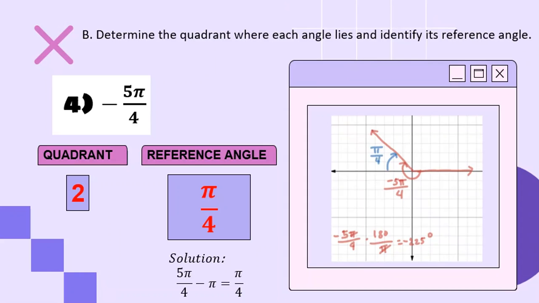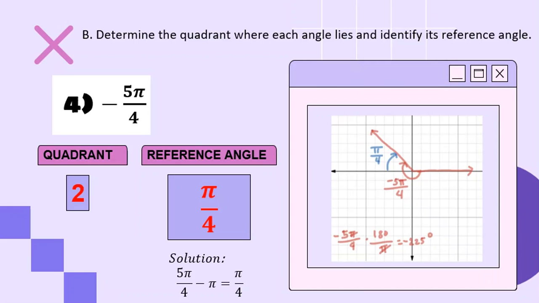If you will answer it on your own, you can say to yourself that you needed 45 degrees more to go to this angle, to plot this angle. So that 45 degrees, you convert that into radians. I did not have it here, but convert 45 degrees to radians, it will give you pi over 4.